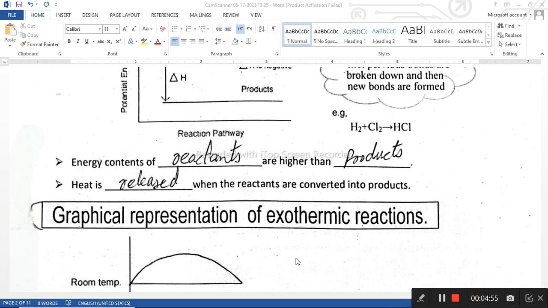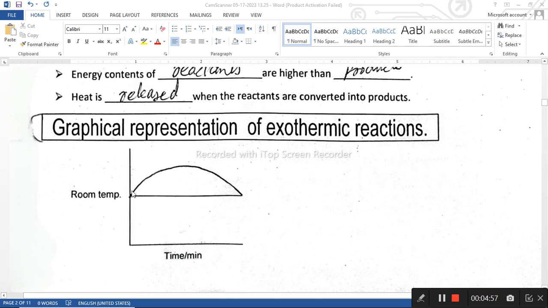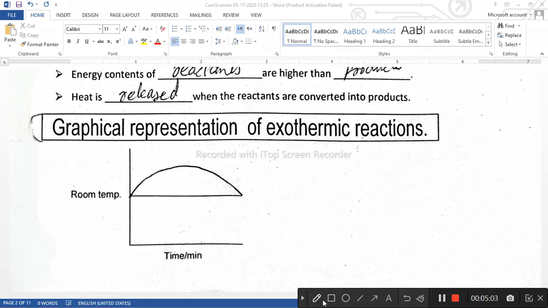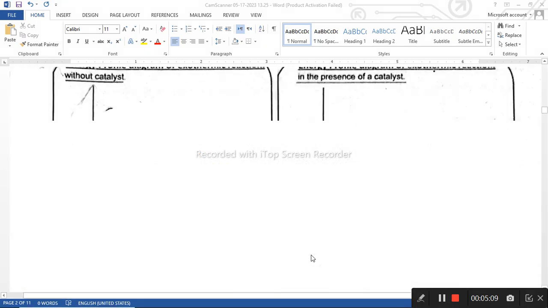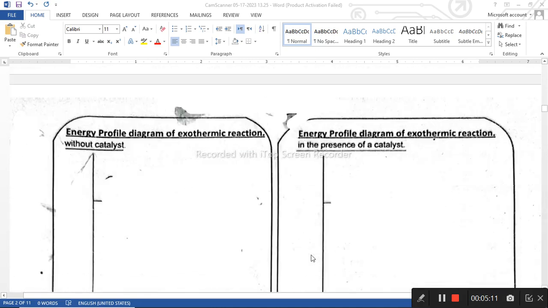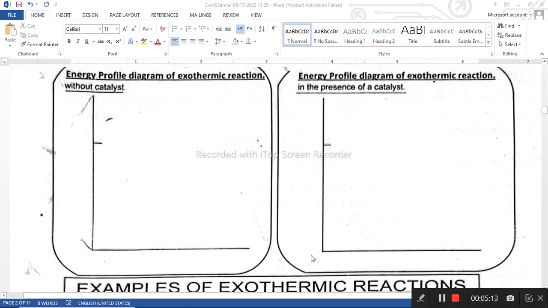Okay, this is the graphical representation of exothermic reactions at room temperature, and this is basically MCQs. You have to remember this, okay? It is important. So moving forward, here we have to draw an energy profile diagram for exothermic reaction without catalyst.